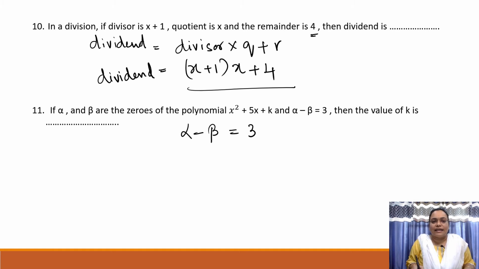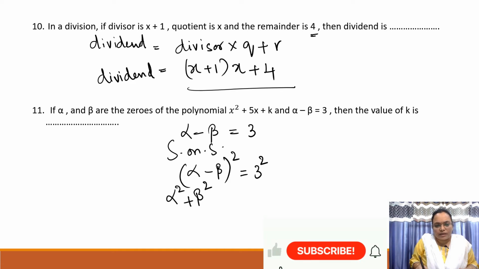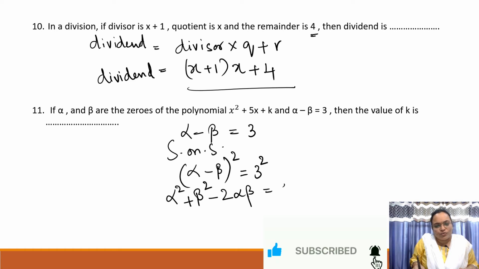This is the hint they have given us. So we need to square on both sides. That will be alpha minus beta whole square is equals to 3 square. This will be alpha square plus beta square minus 2 alpha beta is equals to 9.